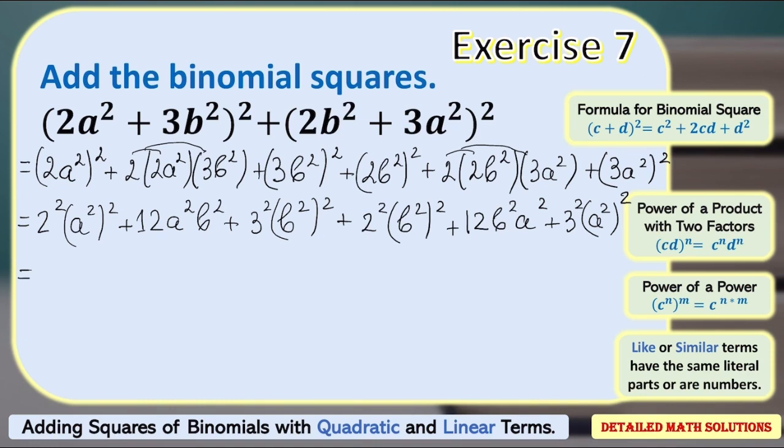Next, I need to apply the rule of exponents for power of a power. As a result, I get 4a to the 4th power plus 12a squared b squared plus 9b to the 4th power plus 4b to the 4th power plus 12a squared b squared.